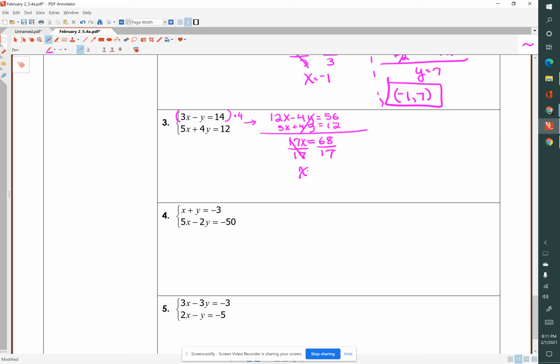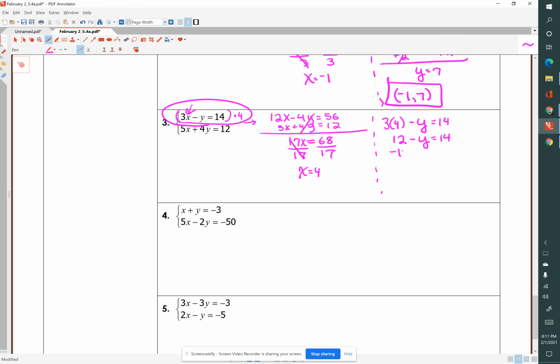And x equals 4. Now I will insert 4. I'll use the first original equation, and I'll insert 4 for x. So 3 times 4 minus y equals 14. 3 times 4 is 12, minus y equals 14.